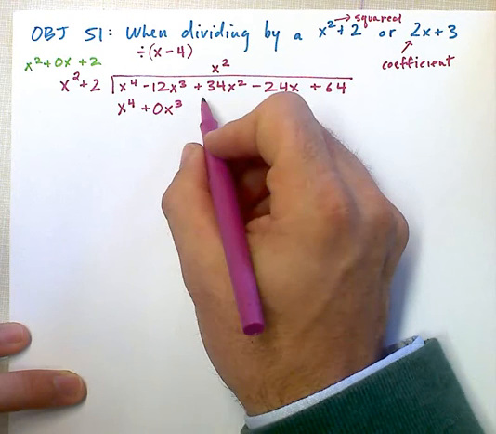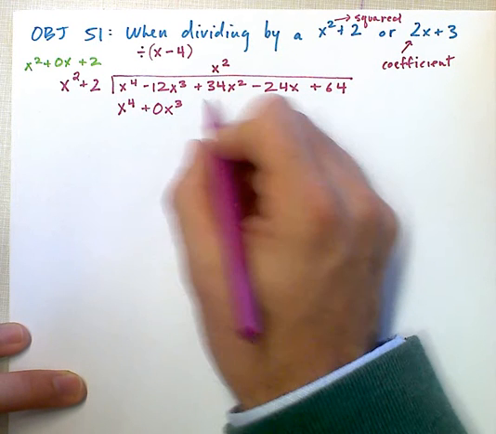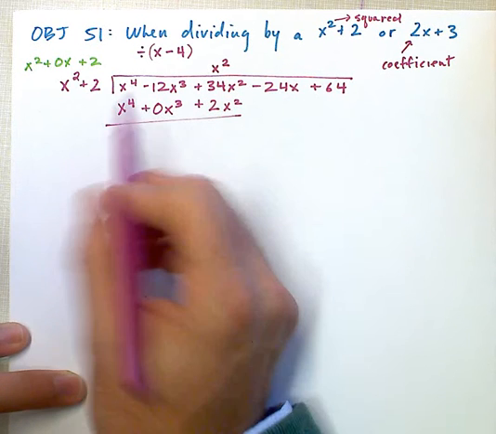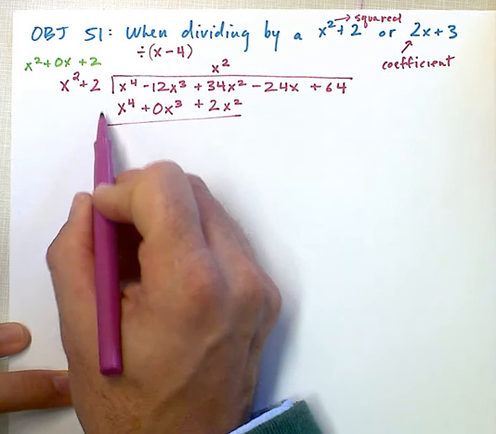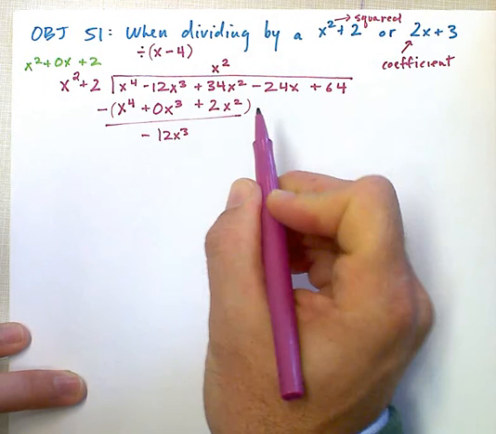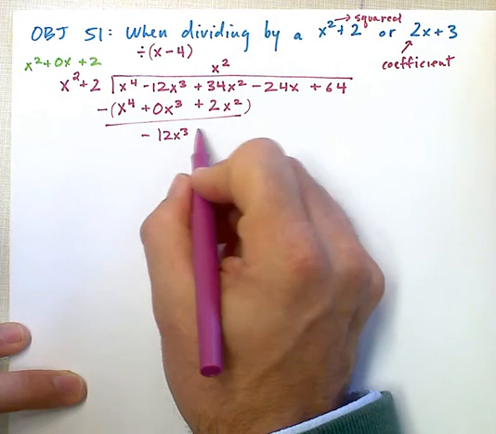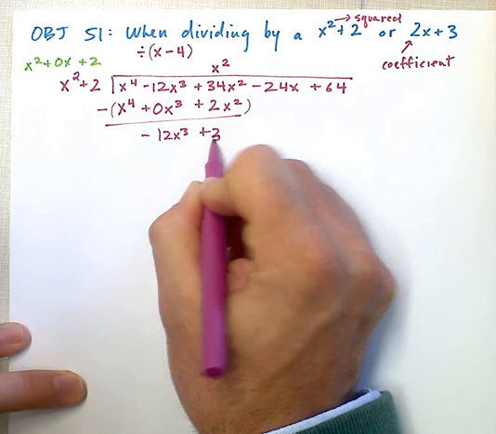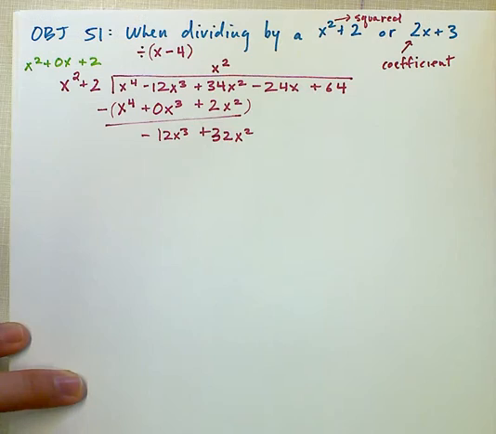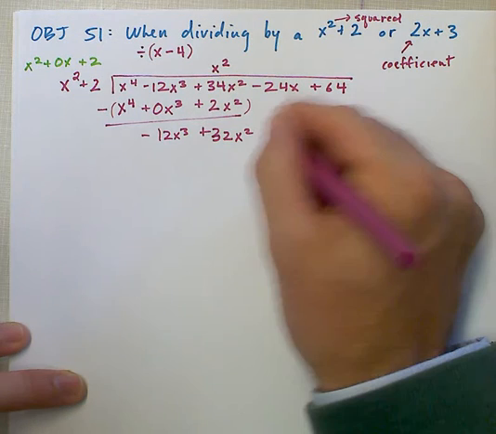And then x squared times the 2, that's a 2x squared. Don't forget, you're always subtracting, so actually you end up with a negative 12x to the third plus 32x squared. The 2 subtracted from the 34. And then I want to bring down the negative 24x.